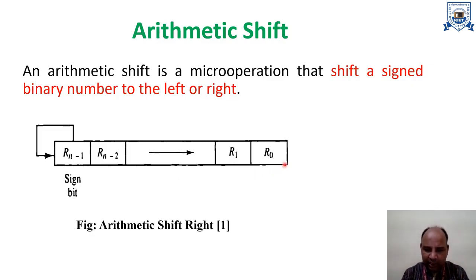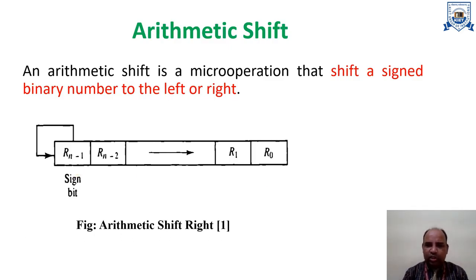As you can see here, when the R0 bit is lost, the overall arithmetic value of this register will be just half of the previous value. Similarly, for the arithmetic left shift, the shift goes in the opposite direction, and finally the outcome will be double the value of the original number. So this is the meaning of the arithmetic shift.